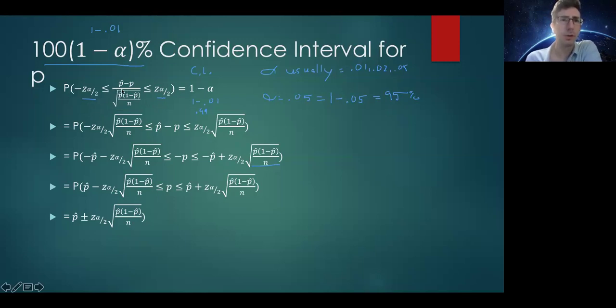But this is the idea behind this. So essentially, what we want to end up with in the middle of our interval is our population proportion. That's the unknown value that we have.